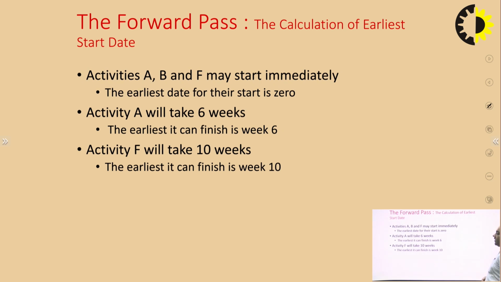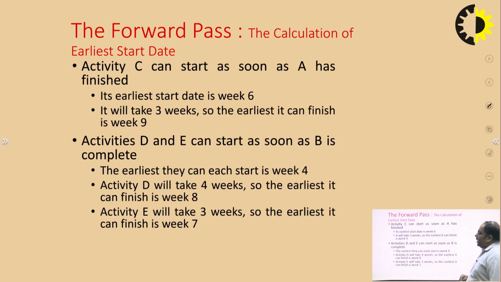Activity A will take 6 weeks, so the earliest it can finish is week 6. Activity B will take 4 weeks, so it can finish in week 4. Activity F will take 10 weeks, so it can finish in week 10. Now we come to the earliest start dates. Activity C will start as soon as A is finished, so after completing week 6. After completing activities A and C, the total weeks completed are 9.